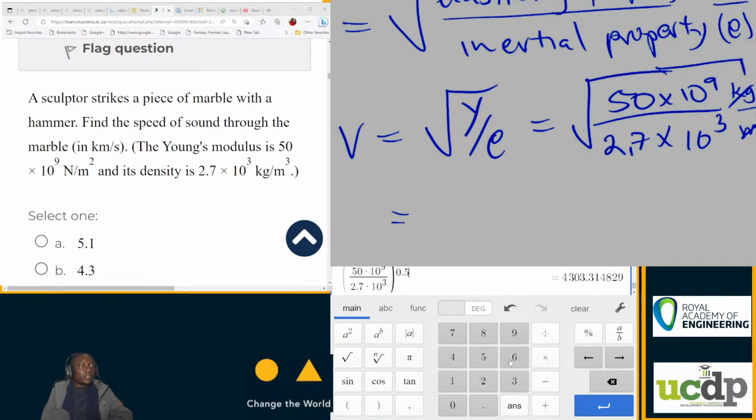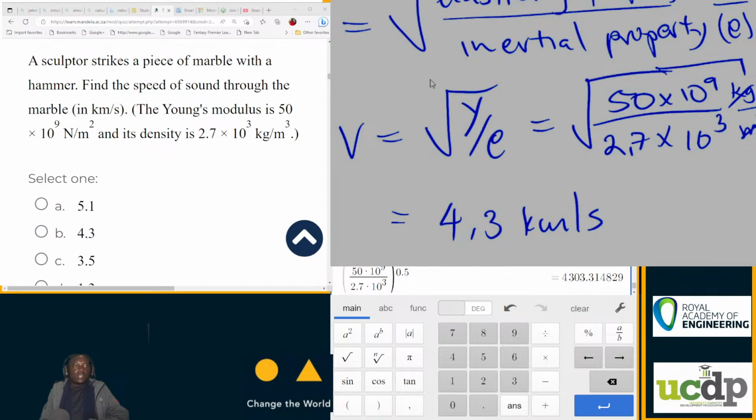That's the root. That gives 4303. So in kilometers, this is 4.3 kilometers per second, 4,303 meters per second. I think the question says, what's the sound speed through the marble in kilometers per second? And that's 4.3, which is B.